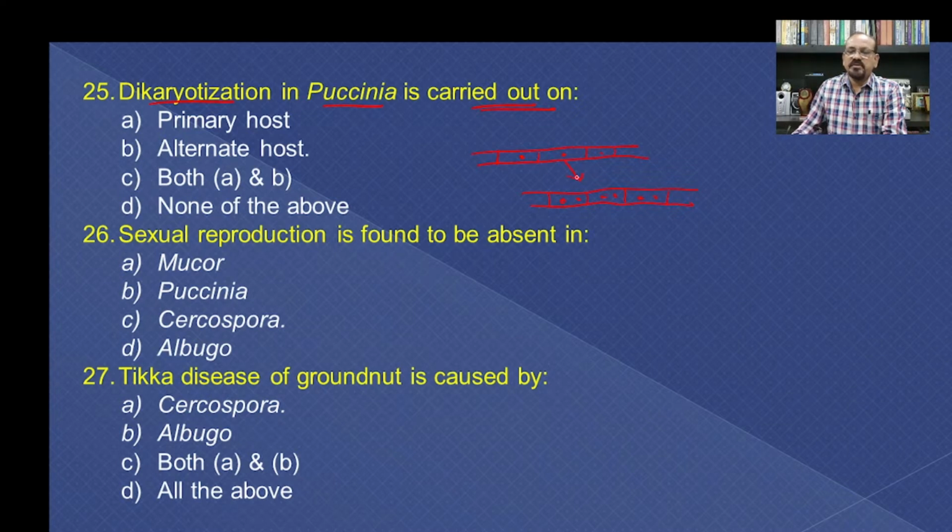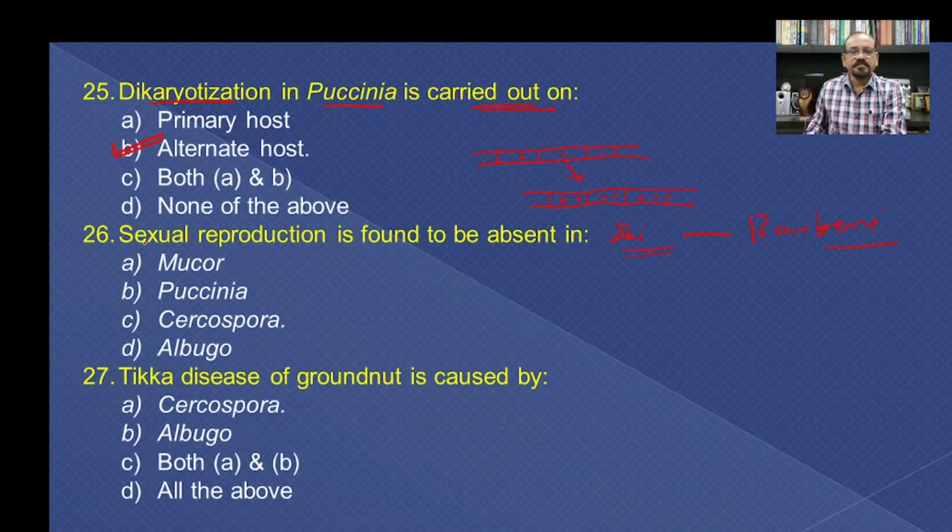So somewhere there is a conversion of such condition, which is known as dikaryotization, and this process is carried out on the barberry plant. The barberry plant is the secondary host, also known as the alternate host, and hence B will be the correct answer for this question.